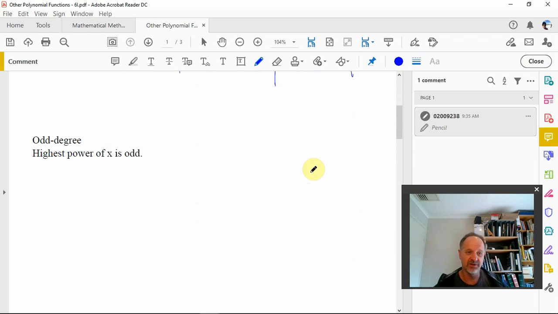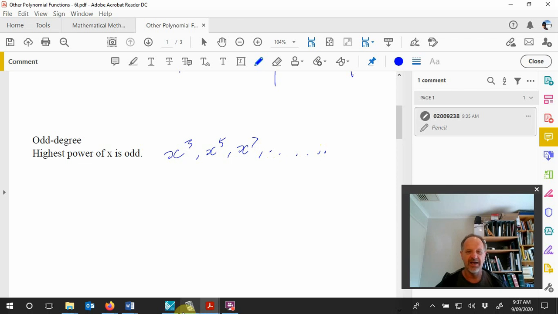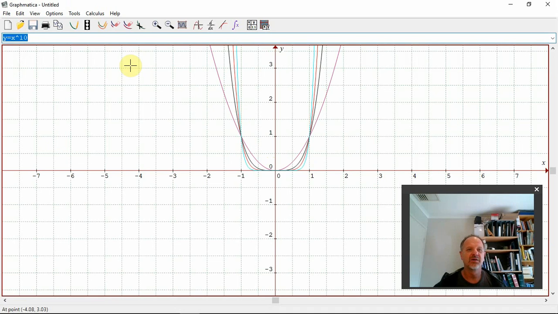And then obviously, if we follow the same thought process for the odd degree, so x cubed, x to the 5, x to the 7, and so on. Let's clear all of those.